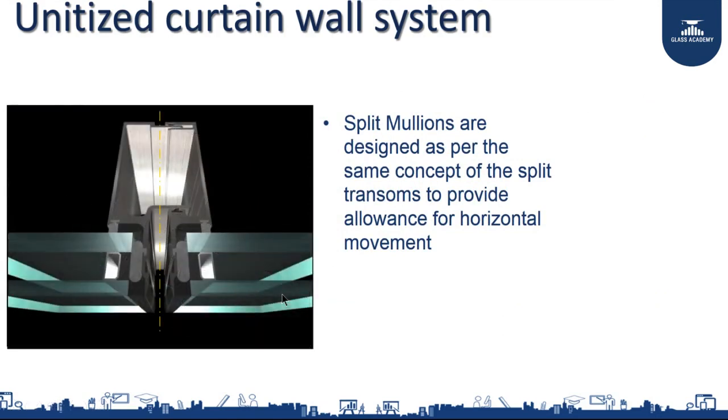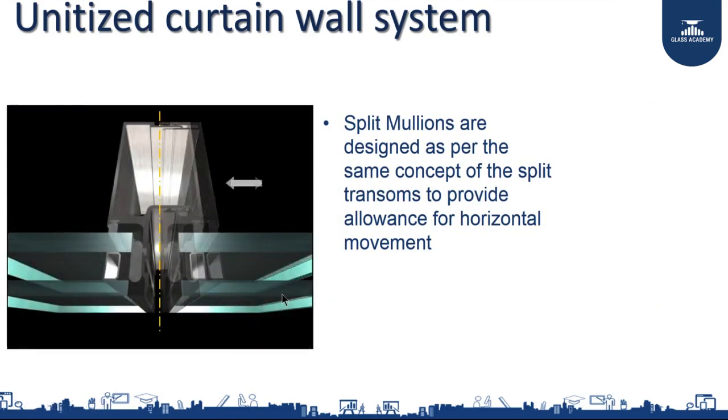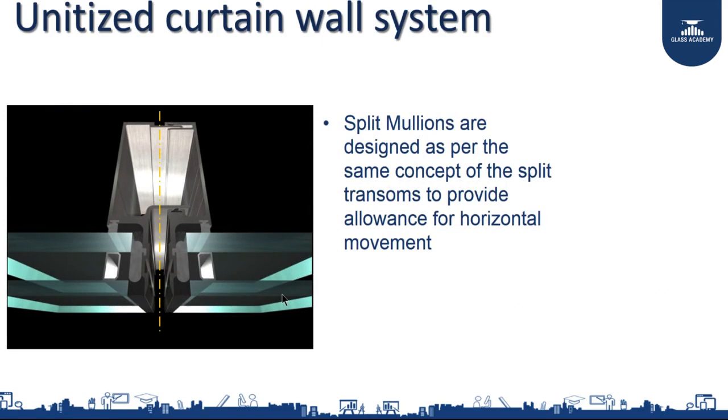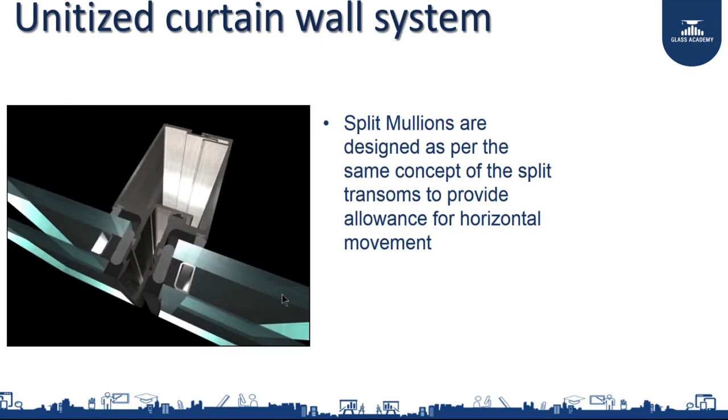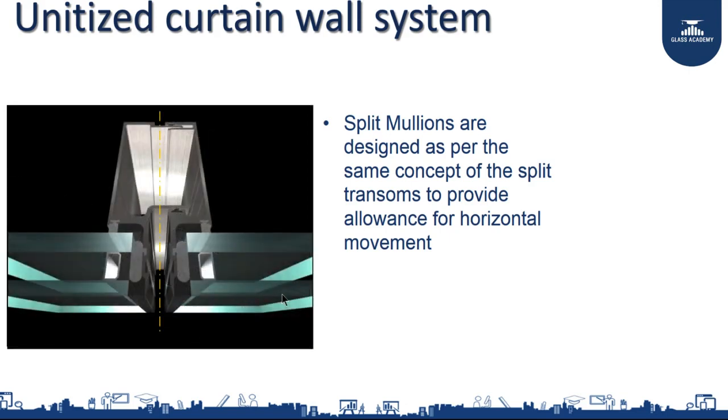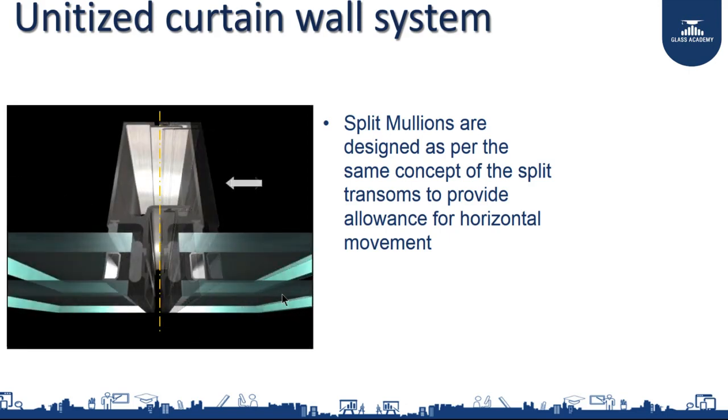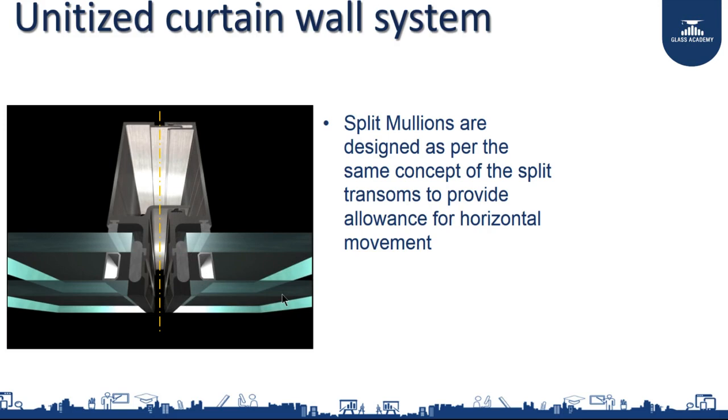Now, what we are seeing is a mullion. You do not do it only with the head. Here also you make a system which, if you see the movement, has to move. See, the mullion is also split, which allows them to expand and contract horizontally as well.